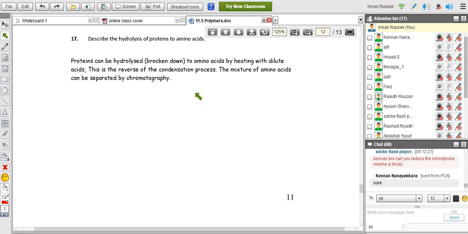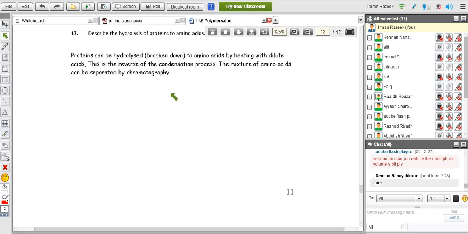Hydrolysis can be done by dilute acids or alkalis in water, because water itself cannot be used to hydrolyze as it doesn't have sufficient free H plus and OH minus ions. Therefore, either acid or alkali hydrolysis is what we use to break down the proteins.